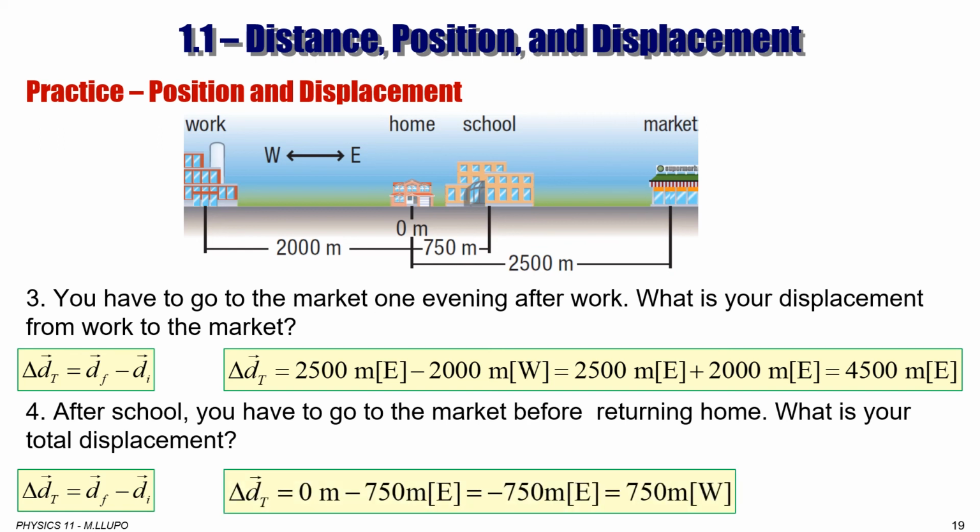Final, you returned home, that will be 0, minus 750 meters east, which equals negative 750 meters east. However, we cannot leave the answer with a negative. So what do we do? We flip the direction, and we flip the sign from negative to positive. So the answer will be 750 meters west.